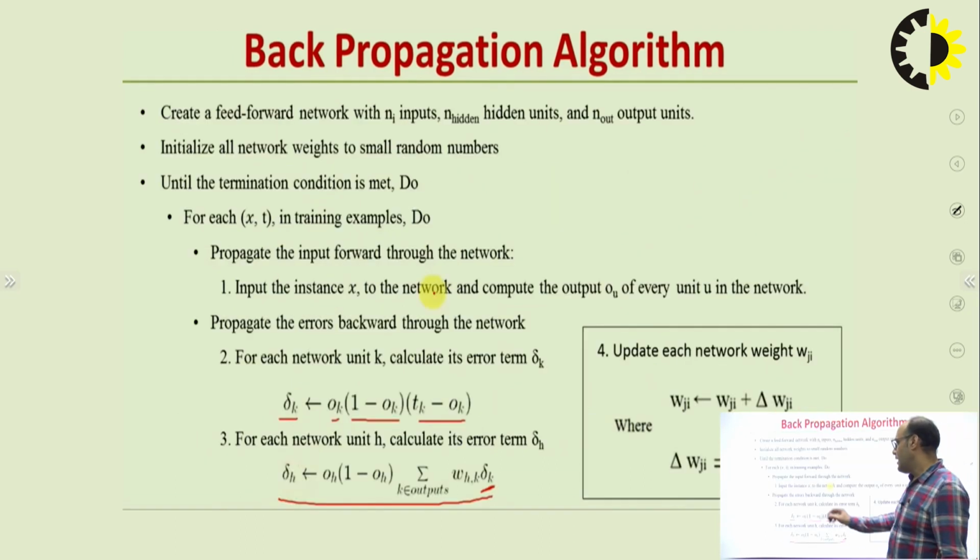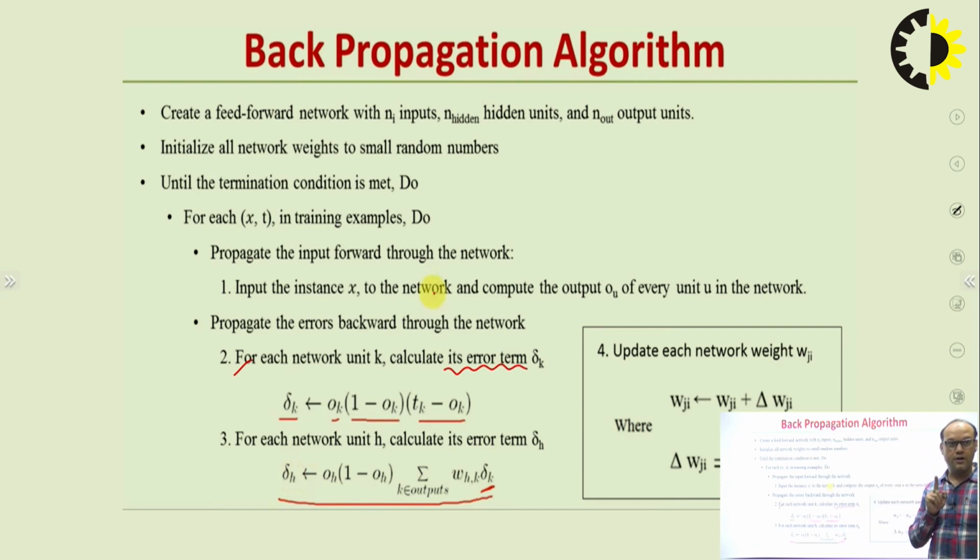Now the question arises: how are we going to calculate the error term? The error term is calculated two times: firstly for the output unit and secondly for the hidden unit.